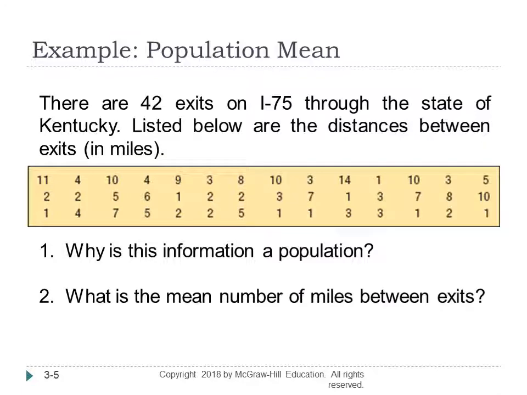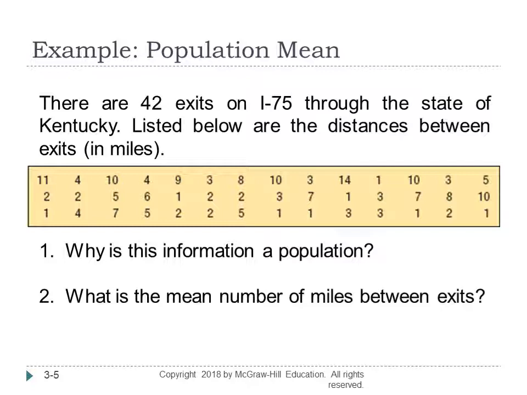Here is an example of calculating the population mean. The data in this table represent there are 42 exits in I-75. This is a highway in the state of Kentucky. What's listed in the table are the distances between exits in miles.